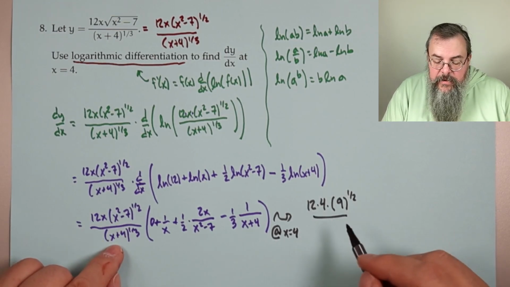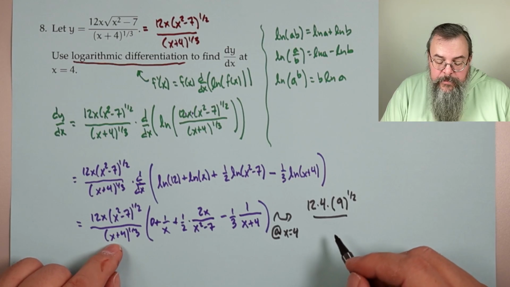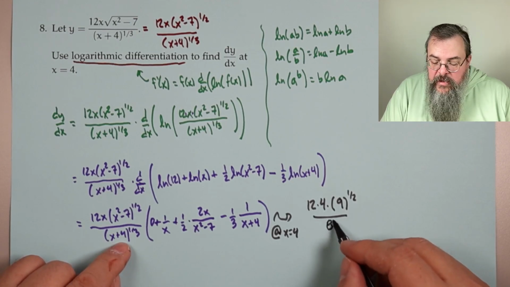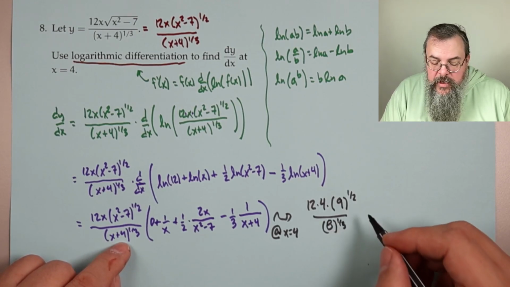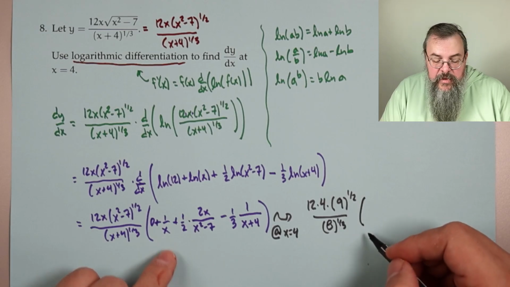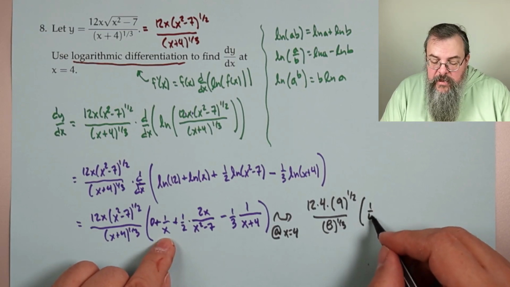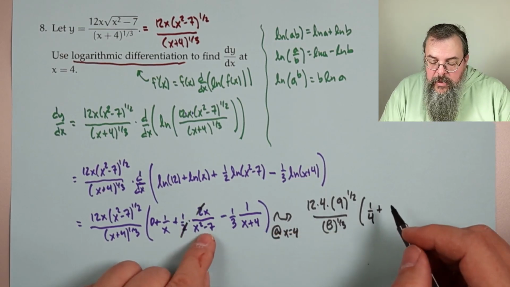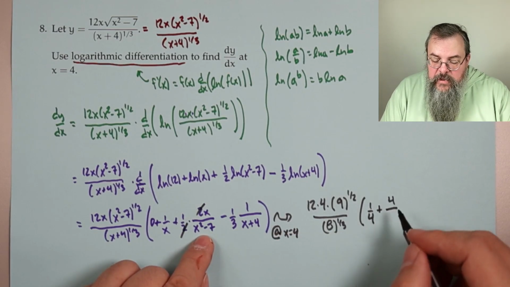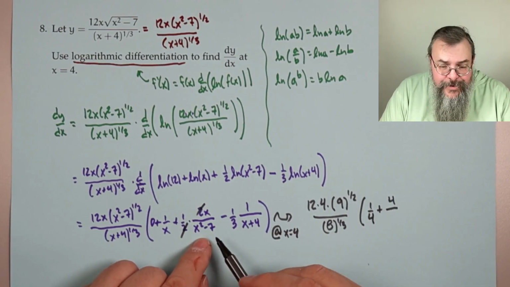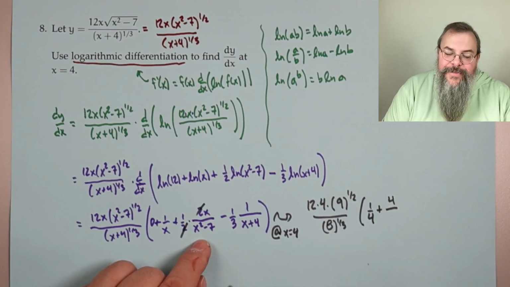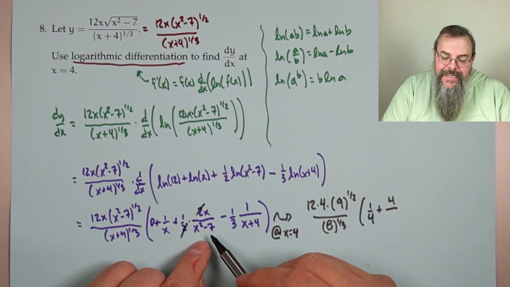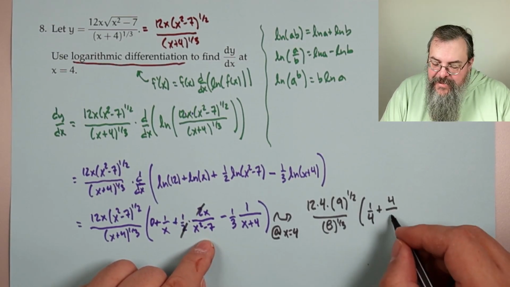Downstairs we have 4 plus 4 is 8 to the 1/3. Okay, we'll clean that up. Times 1 over 4 plus 4 over 16 minus 7, that is 4 over 9.